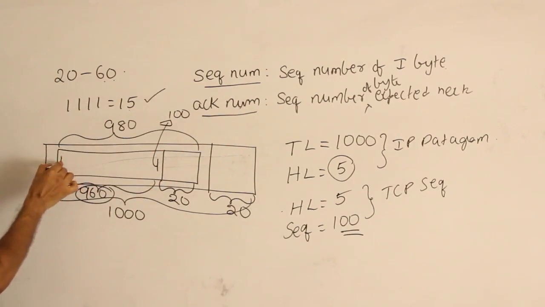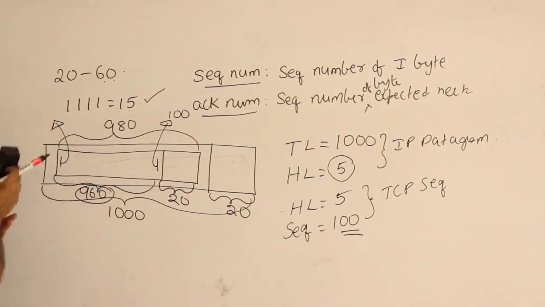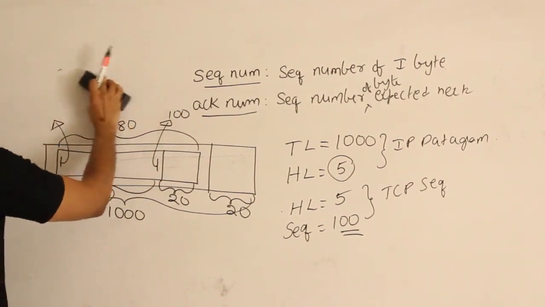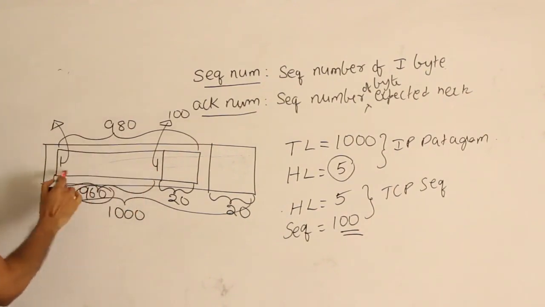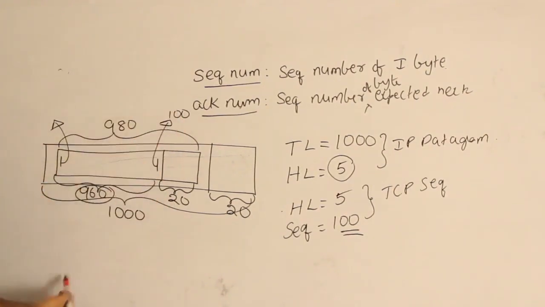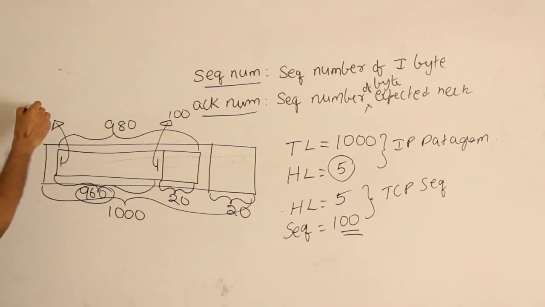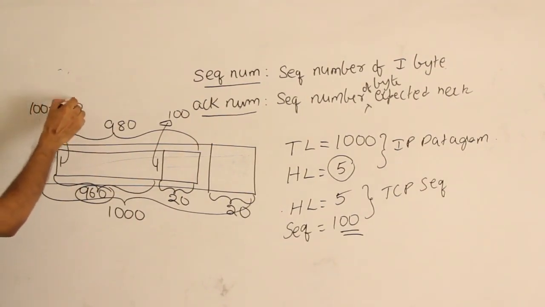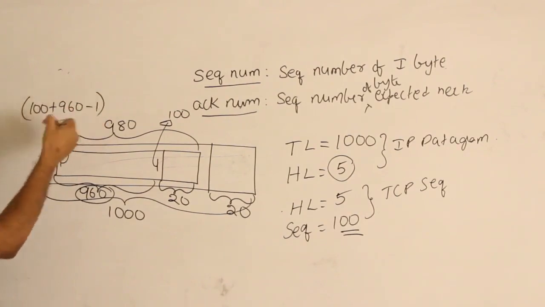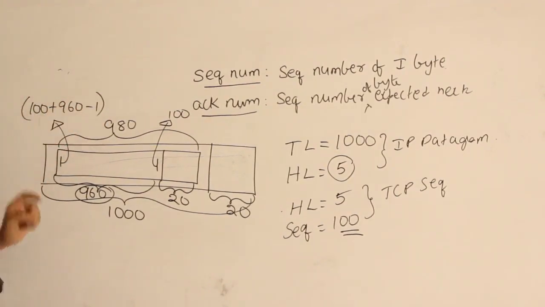Then what is the last byte sequence number? That is what they are asking. The total number of data bytes present is 960 and the first one is 100. Therefore the last byte sequence number is 100 plus 960 minus 1. Why minus 1? You can guess it.